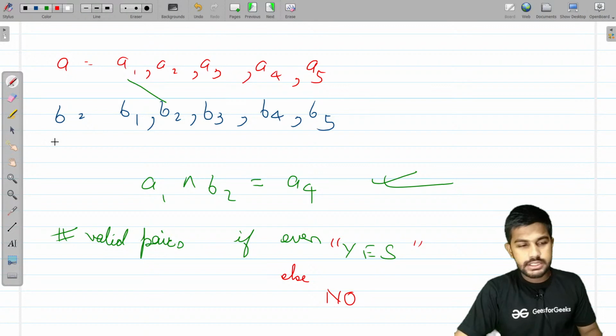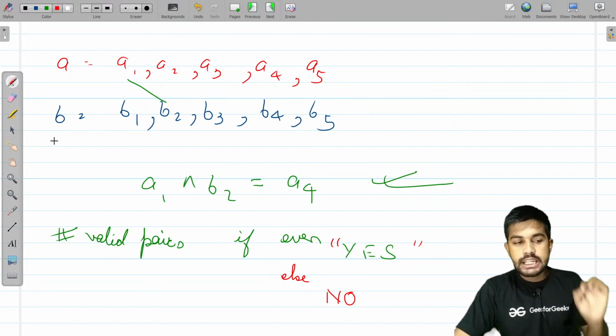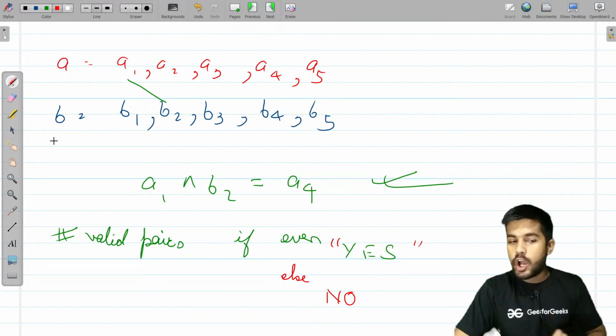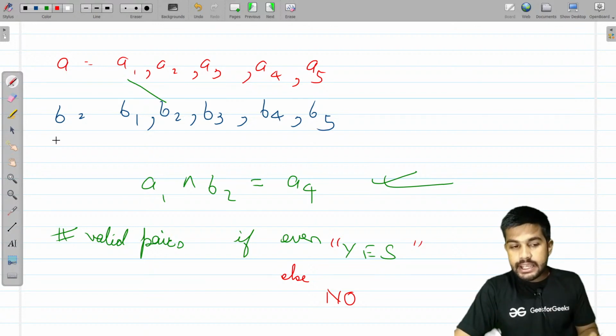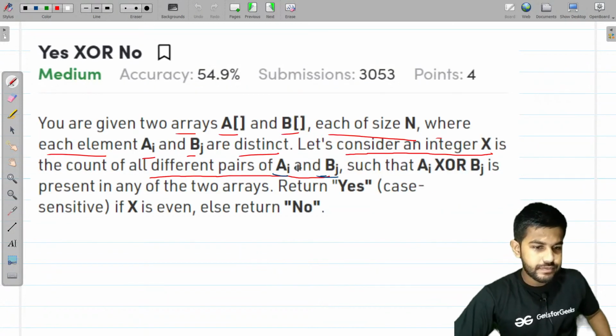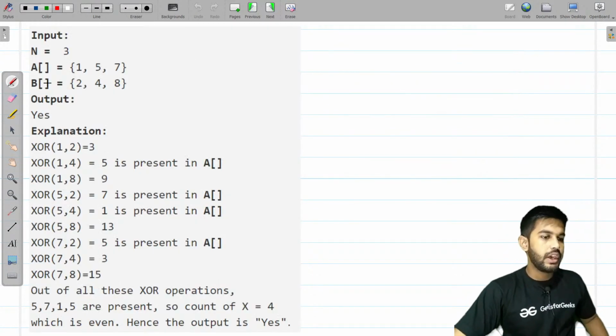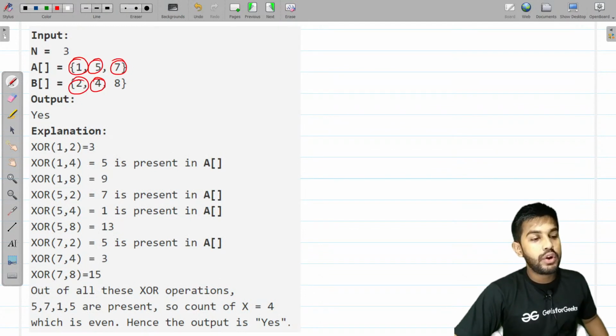So the thing is that we would be considering all pairs, and if the value after XORing exists in the array itself, then the pair is counted. Now we move ahead. Take A as 1, 5, 7 and B as 2, 4, 8.